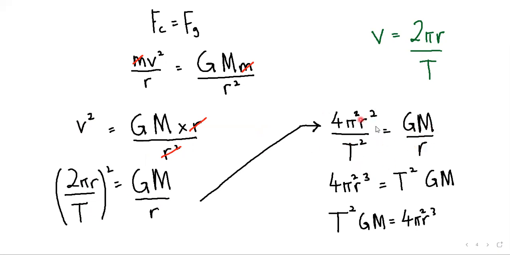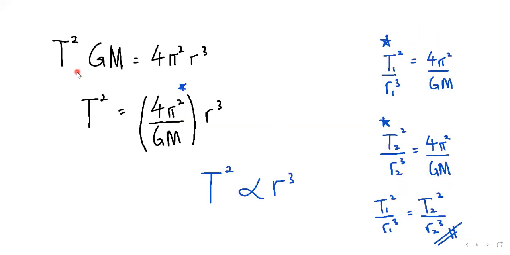We bring the r up, and we get 4 pi squared r cubed equals T squared GM. We rearrange the equation: T squared GM equals 4 pi squared r cubed. Bringing the GM down, we arrange all the constant values in order, so we get T squared equals 4 pi squared over GM, in brackets, times r cubed.